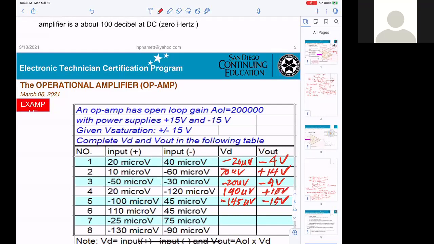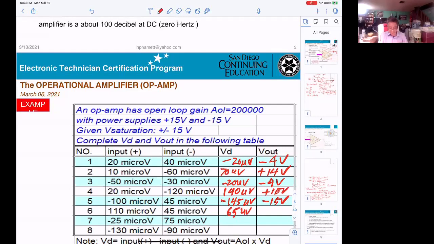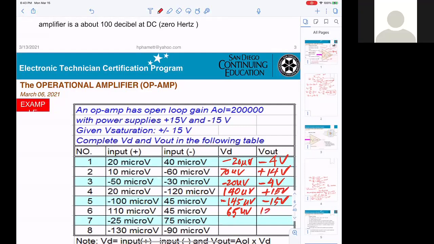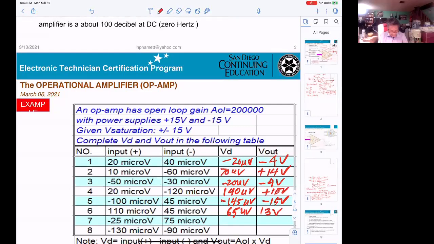No, 65 microvolt. What number? 65. Yes. Is it 13, right? 13 volts, yes. That one.